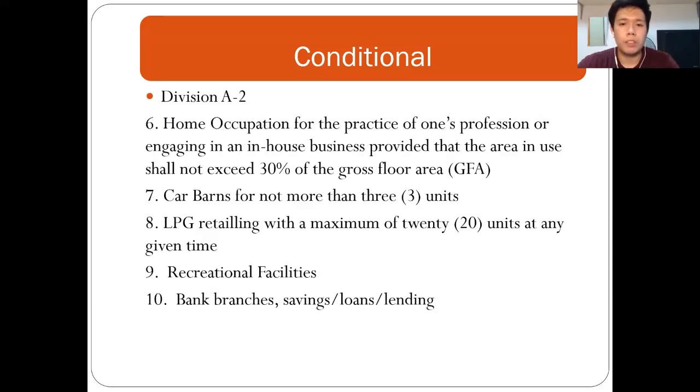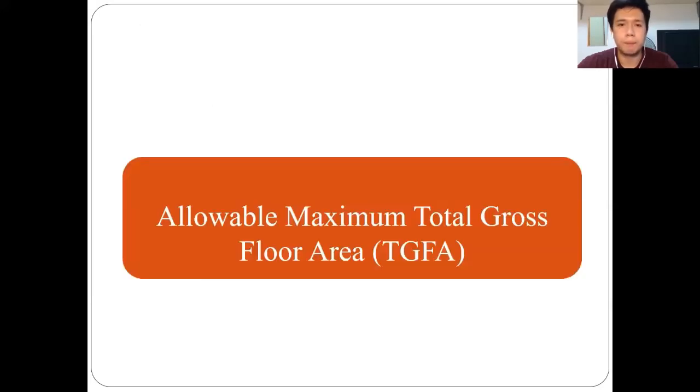Home occupation for the practice of one's profession or engaging in an in-house business provided that the area in use shall not exceed 30% of the gross floor area. Car barns for not more than 3 units. LPG retailing with a maximum of 20 units at any given time, recreational facilities, bank branches, savings, loans and lending.